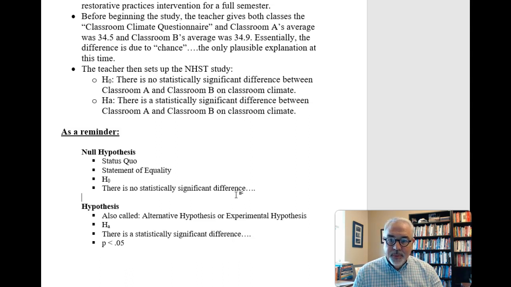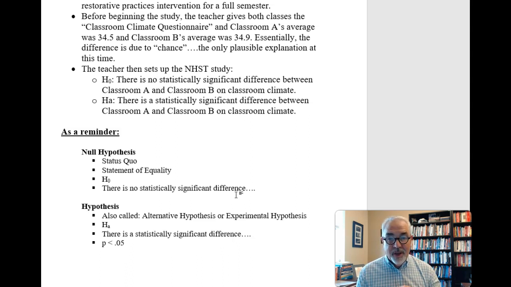In addition, it's impossible for us to say, even after we do the study, that we can prove that restorative practices really made the difference in classroom climate. So we can't say we have absolute proof. But what we can do is state the null hypothesis, and after the study, we could potentially say, because of the evidence, we're going to reject that null hypothesis.